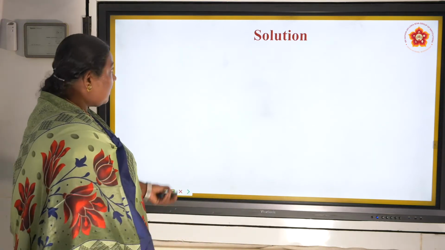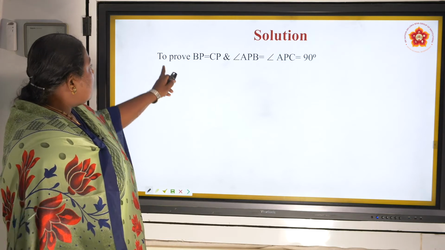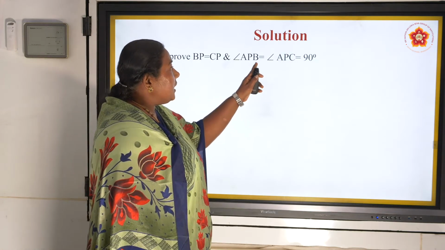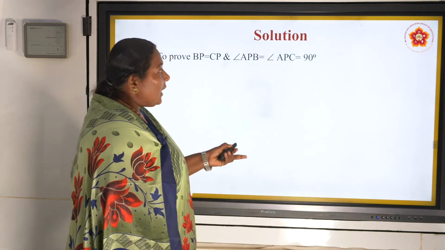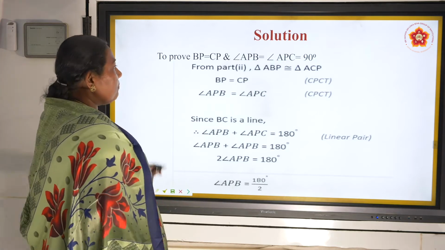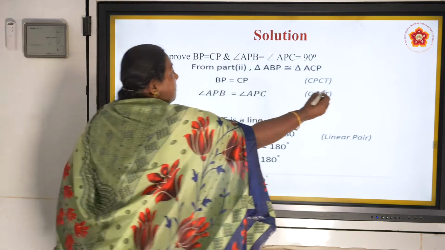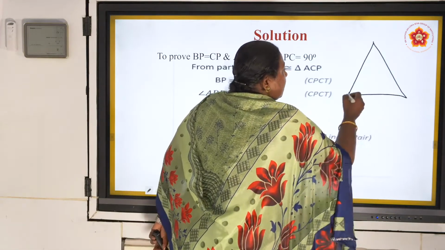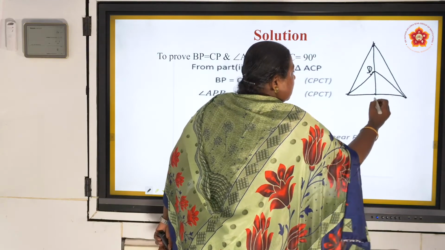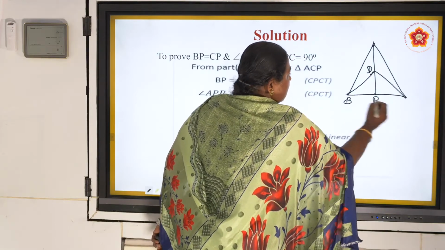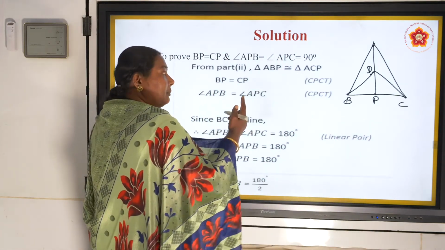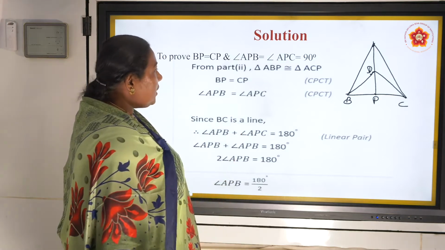Okay. Next. So last one, we have to prove that BP is equal to CP and angle APB is equal to angle APC is equal to 90 degrees. That is the biggest one that we can easily prove. So BP is equal to PC we have already proved from the second, right? Then what will it tell?